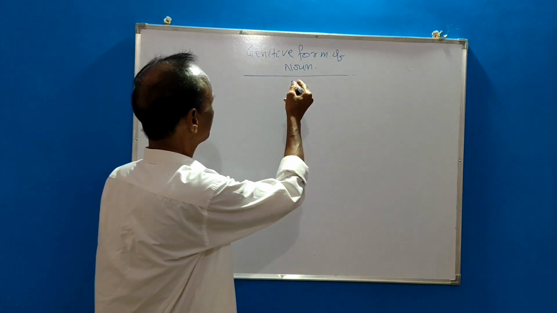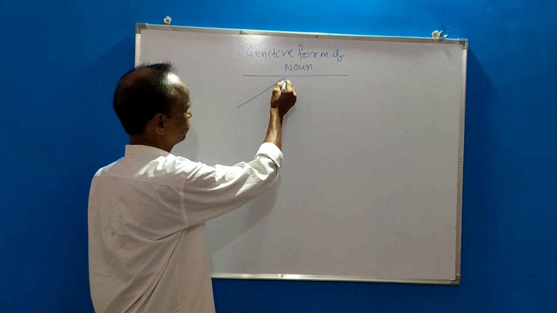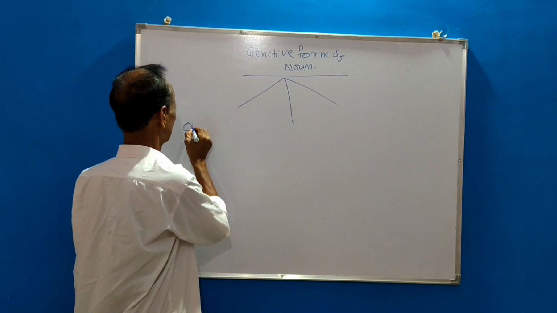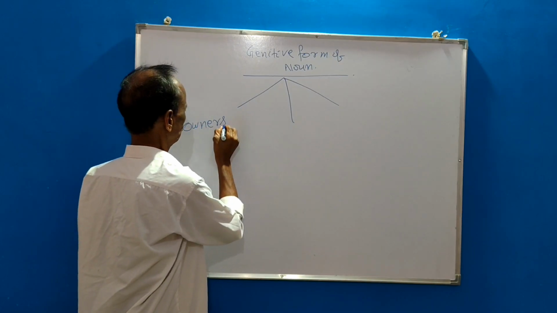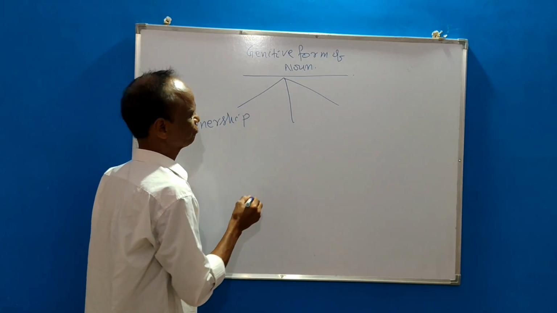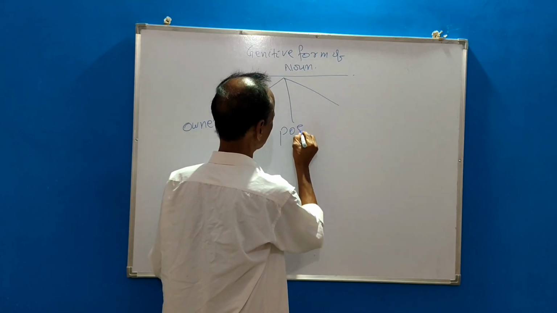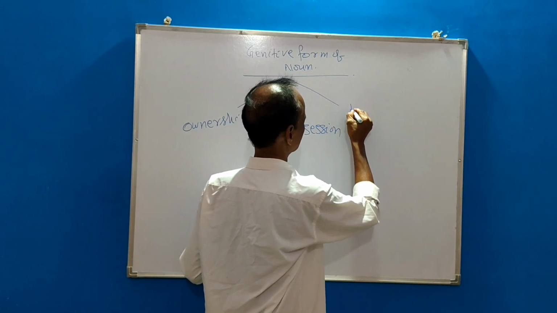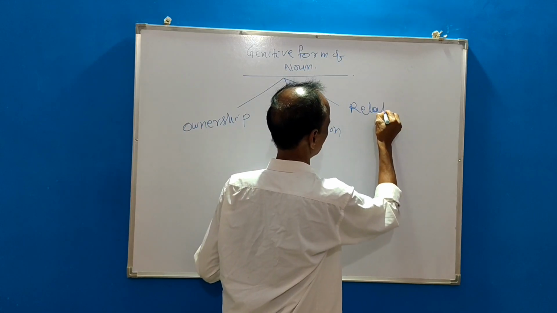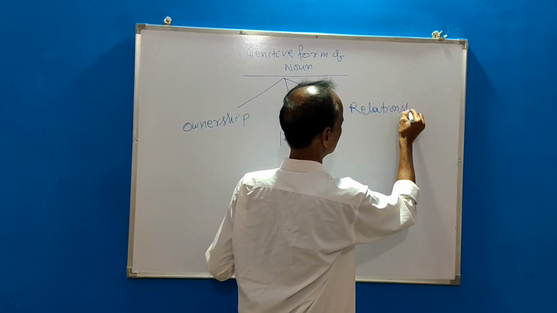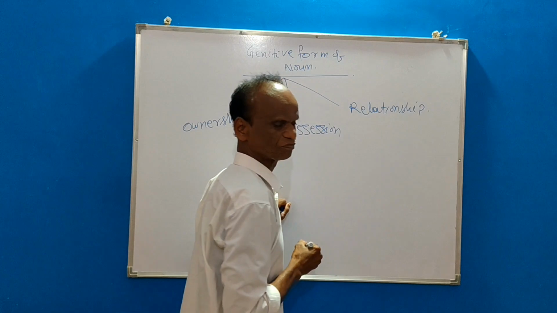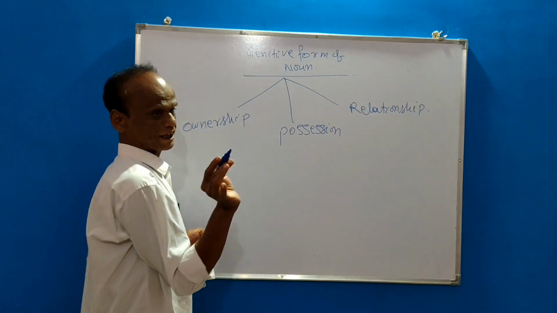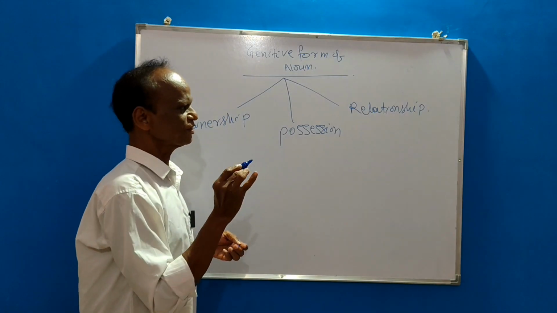Okay, so genitive form refers to three things: ownership, possession, and relationship.